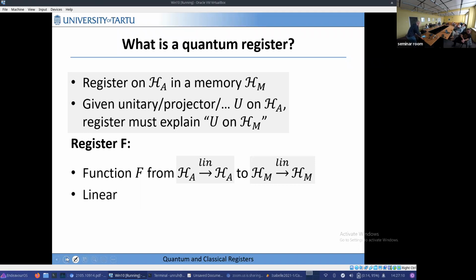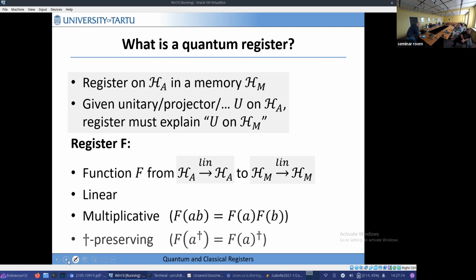Well, we need to add some properties, and it turns out there are just three properties that we need for a register in the finite dimensional case to be meaningful. It's linear, so it linearly maps operators to operators. It's multiplicative. Multiplicative is definitely something that follows from the intuition, because it means if I apply two operations in a row on the register, it's the same as applying the composition of them to the register.